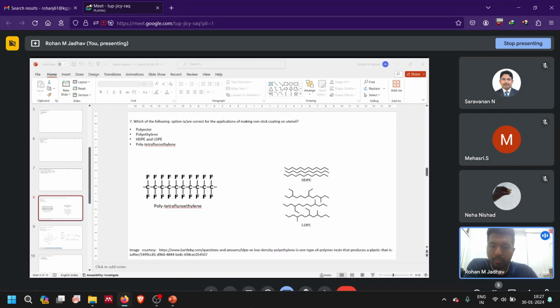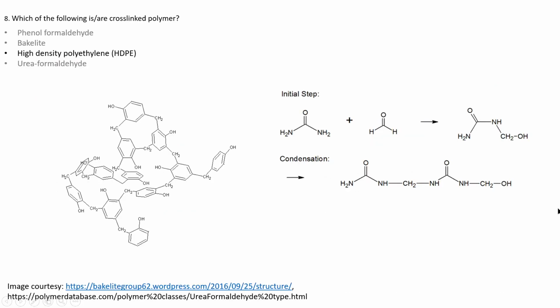So moving on to the next question. Which of the following is or are cross-linked polymers? We have four options here: phenol formaldehyde, bakelite, high-density polyethylene, and urea formaldehyde.